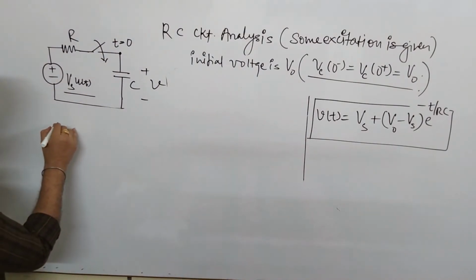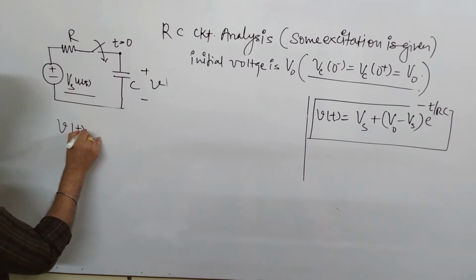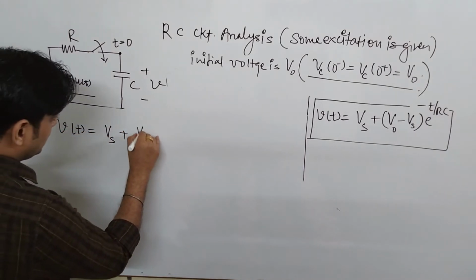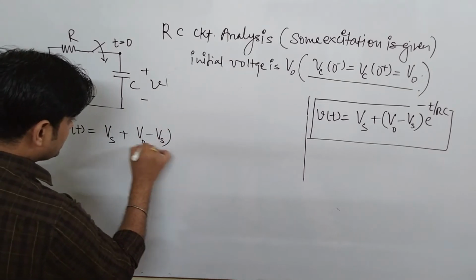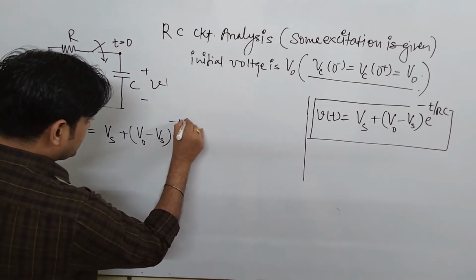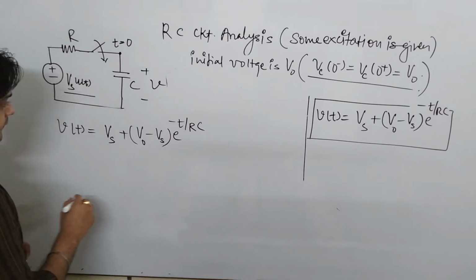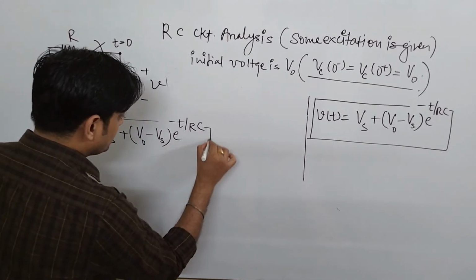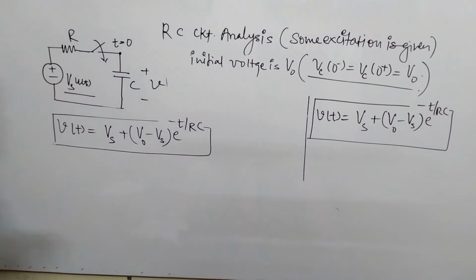If I write it here, the value of Vt comes to be Vs plus (V naught minus Vs) into e to the power minus t by Rc. So this is your Vt, very important.